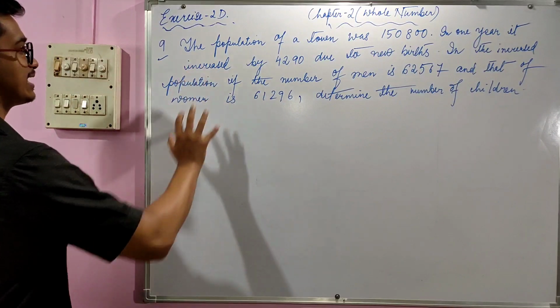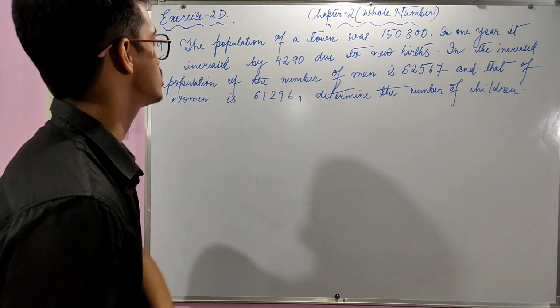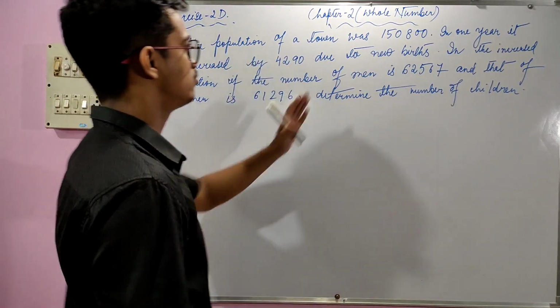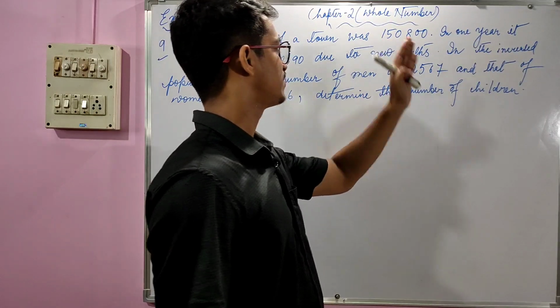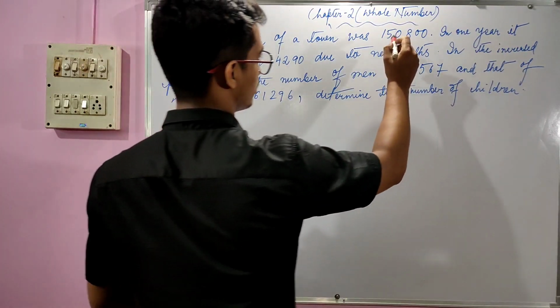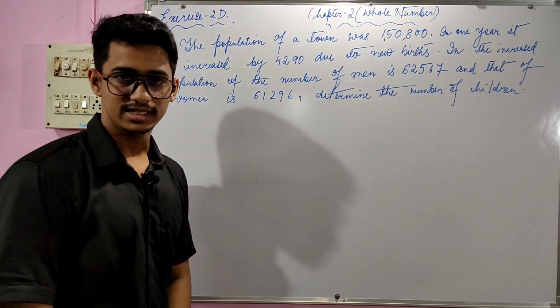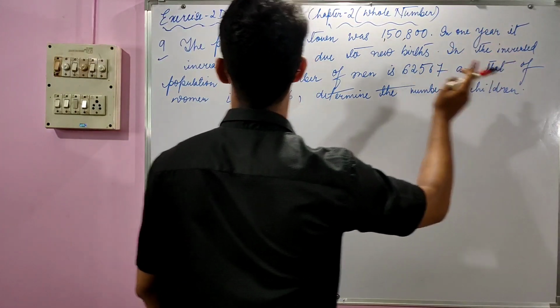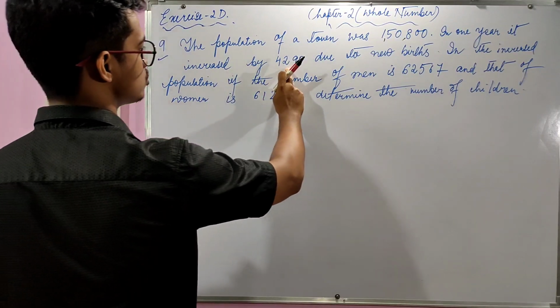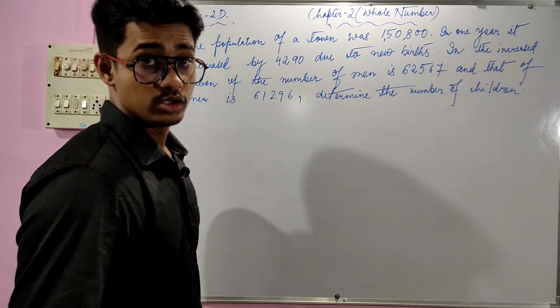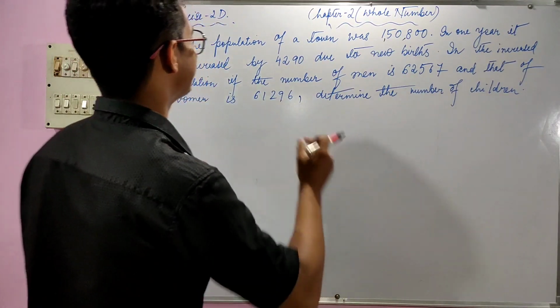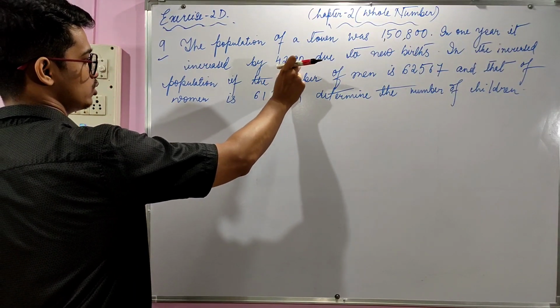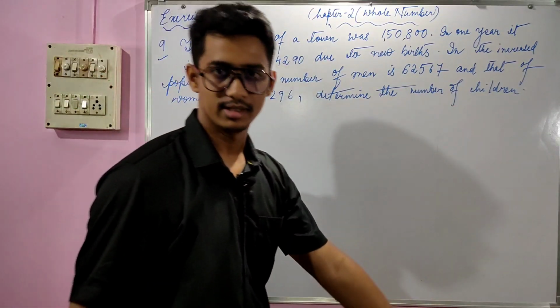The last question of the day is question number 9. The population of a town was 1,50,800. In 1 year it increased by 4,290 due to new births.